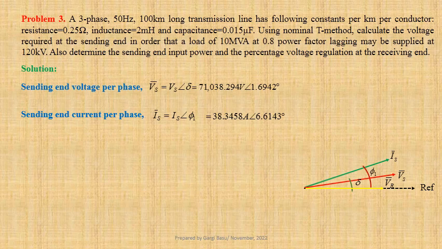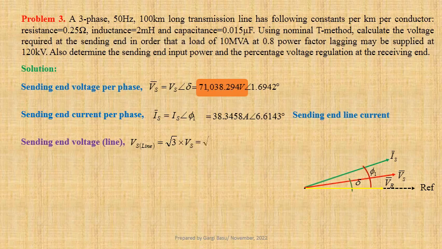For star connected system, sending end current per phase equals sending end line current, and line to line sending end voltage Vs line equals √3 times Vs, that is equal to √3 into 71,038.294, which is approximately equal to 123 into 10 to the power 3 volts or 123 kilovolts.